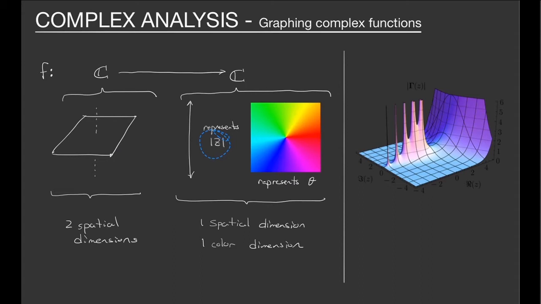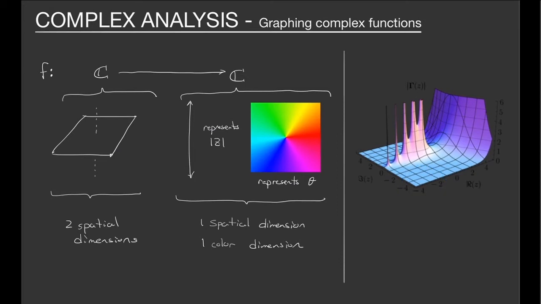Now, we don't know which of the two is larger just based on the modulus. You could have a small modulus down here and have a larger real component than imaginary component, but that ratio is captured in the color. So notice here, these are light blue or cyan colored.